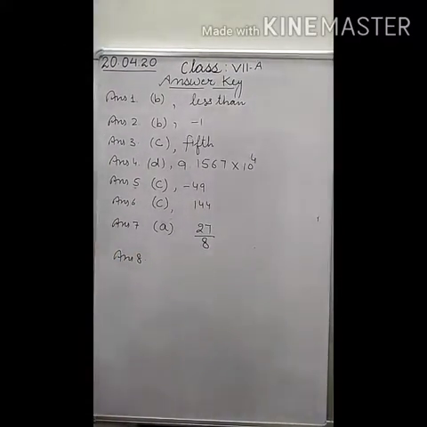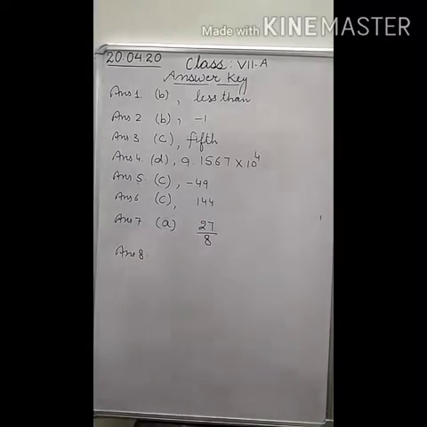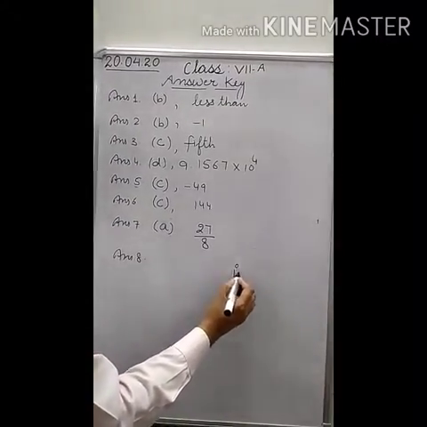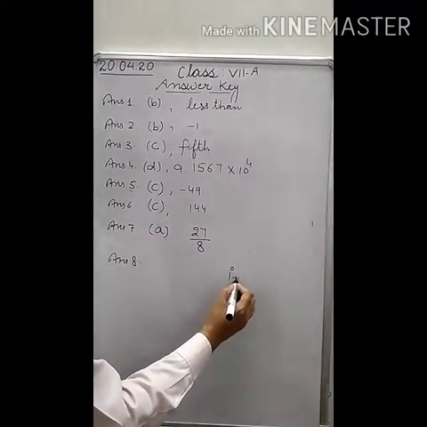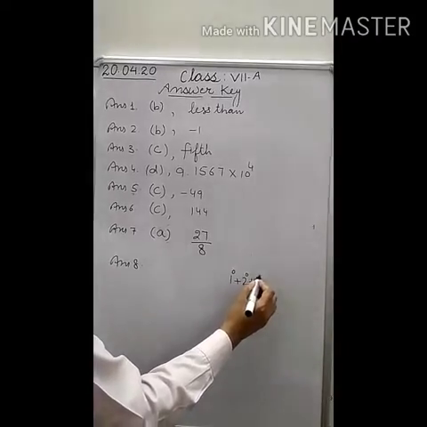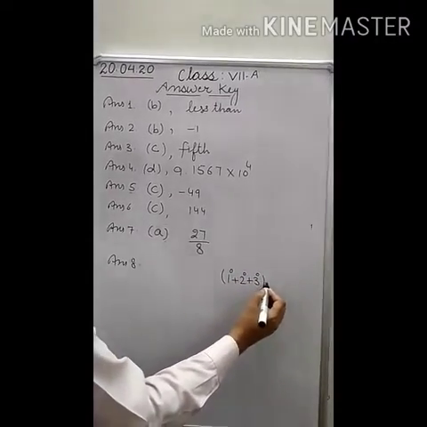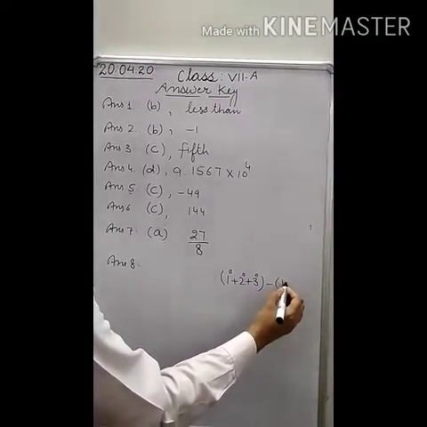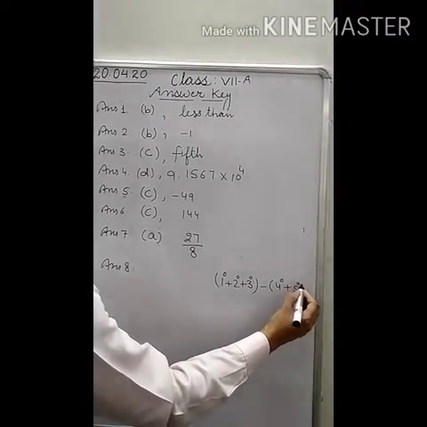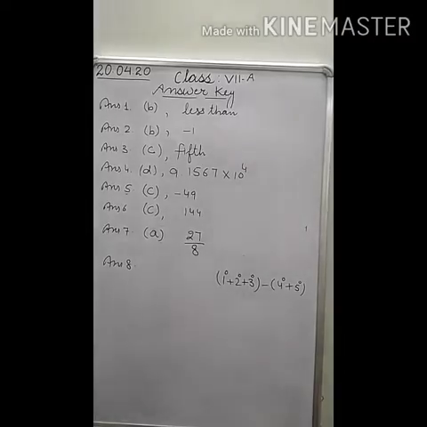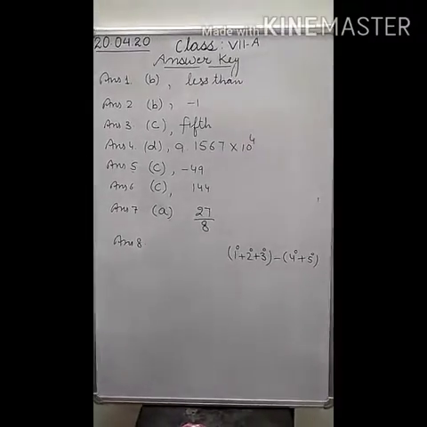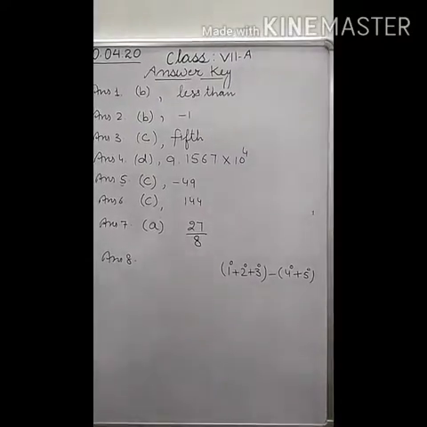We are on question number 8. Here in this question you have been given 1 raised to the power 0 plus 2 raised to the power 0 plus 3 raised to the power 0 minus 4 raised to the power 0 plus 5 raised to the power 0. It is a very simple concept. You know very well that x raised to the power 0 is always equal to 1.